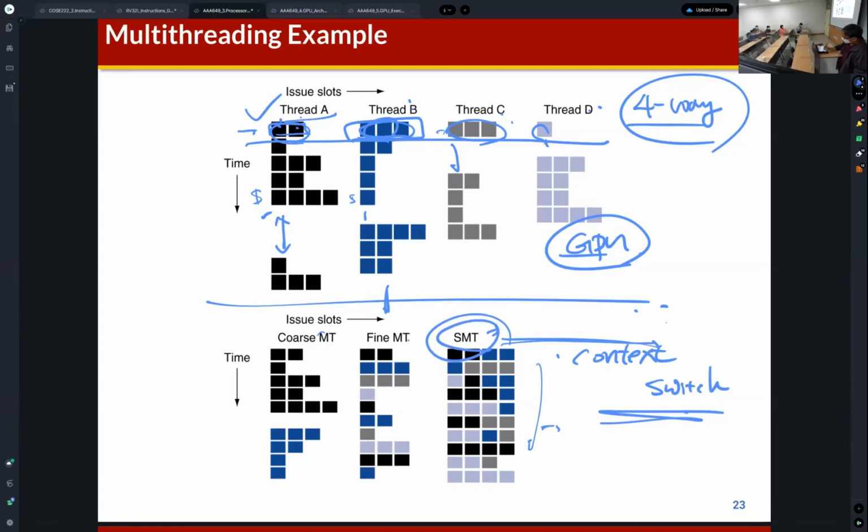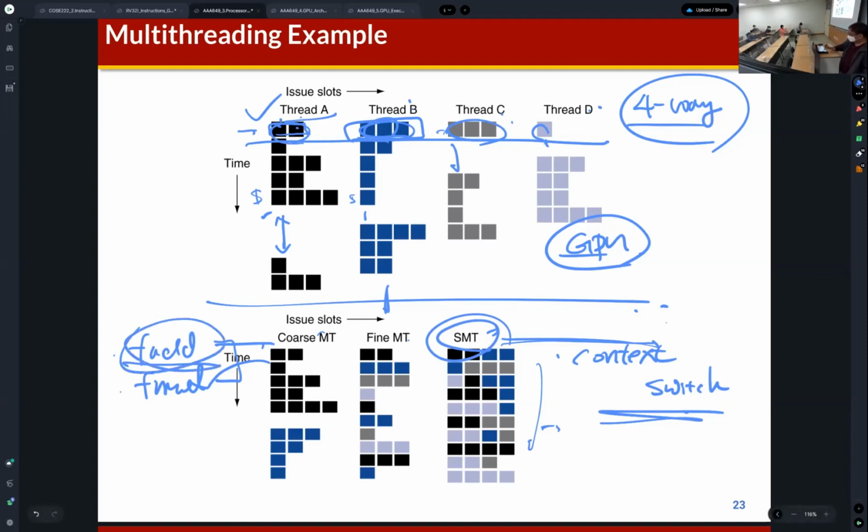Let us assume that this is a floating point add, and this is another floating point mul, and these instructions are dependent, which means that the floating point multiplication requires the data from the floating point add. So what's the problem?